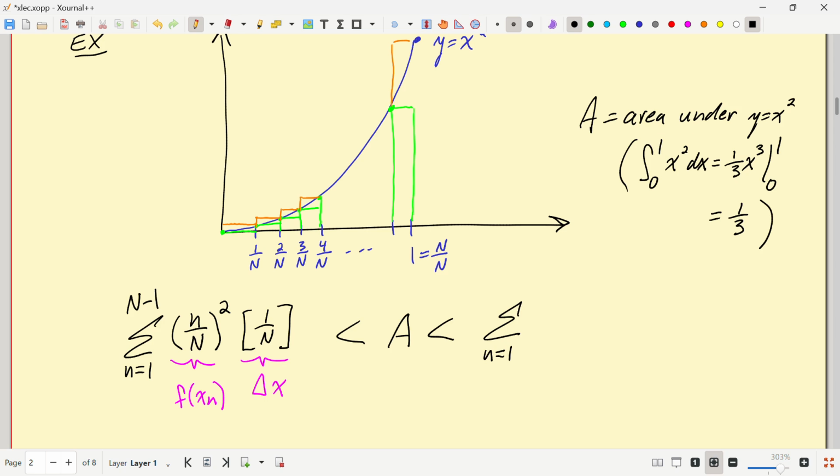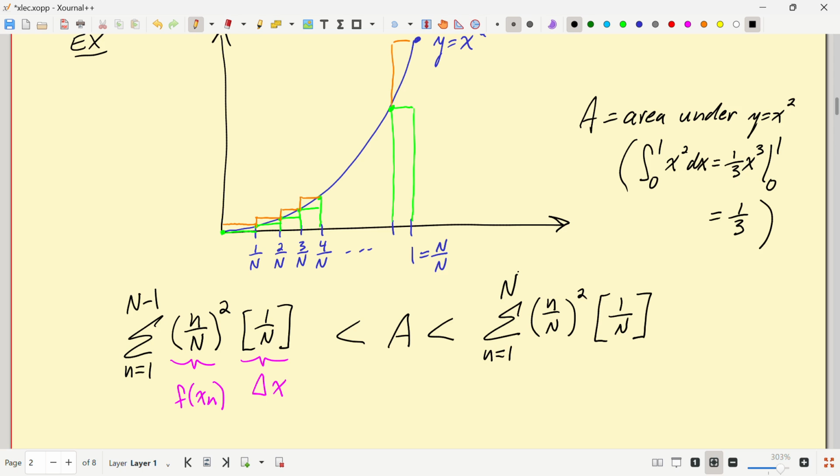But the orange ones start with 1 and give me n over n squared times delta x. Delta x is 1 over n. And how far do they go? Let's see. The last one there is capital N.